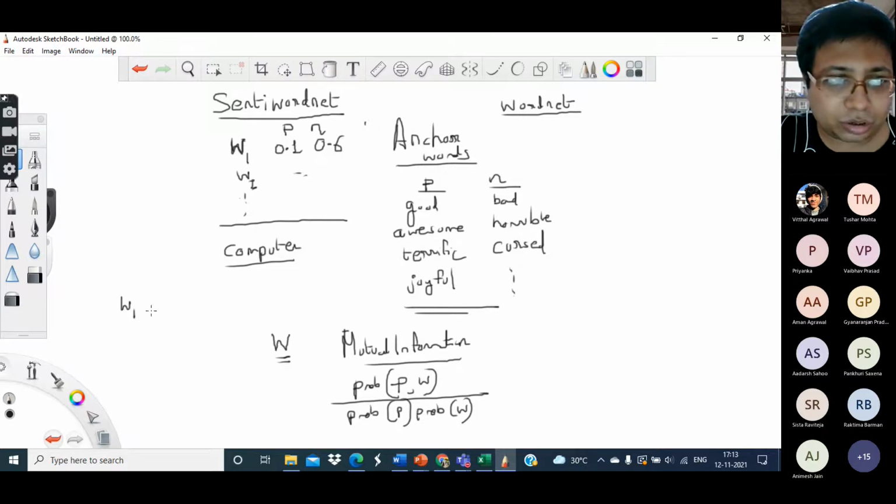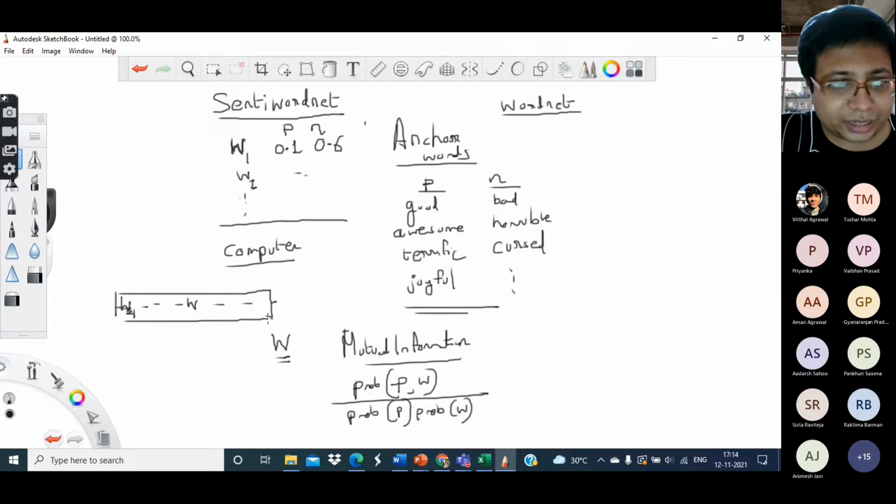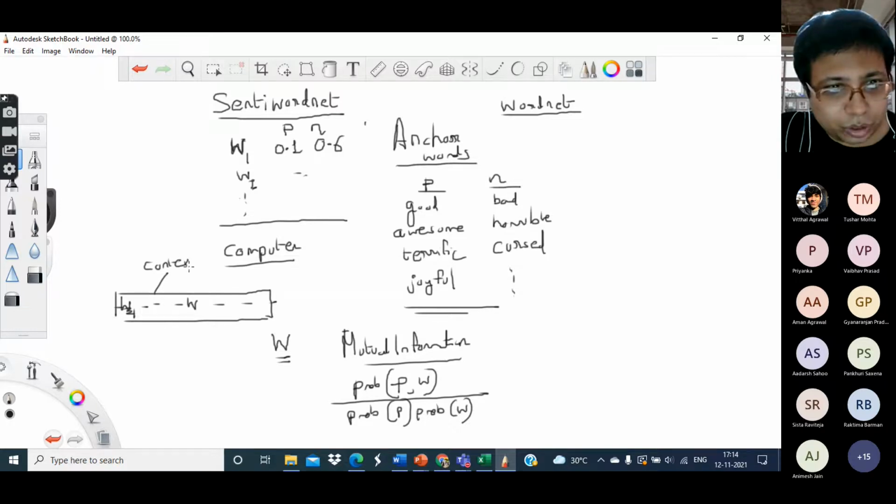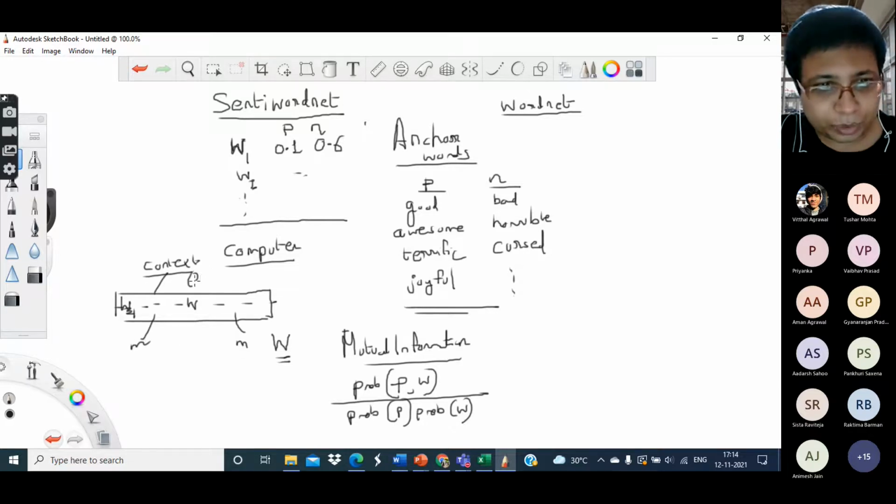Just to recall, a sentence is nothing but a sequence of word tokens. Suppose the word W appears in a sentence. It will have some words surrounding it in that sentence, or maybe in the surrounding sentences. The neighboring words form the context of the word W, maybe M words on this side and M words on this side, so that is a context of size 2M.